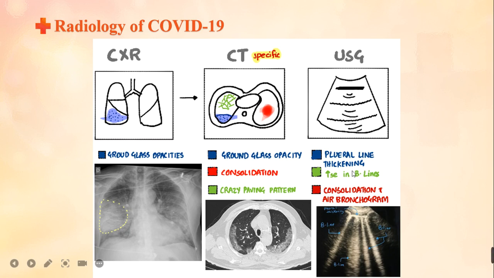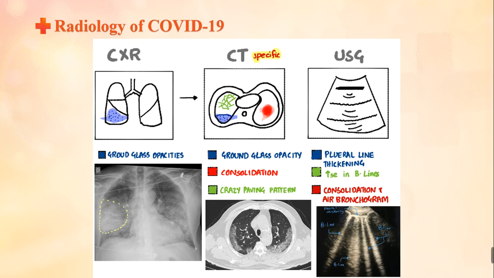And in the ultrasound you can see increased B lines, consolidation and air bronchogram. In a normal ultrasound you cannot see the B lines. There are some special cases regarding the lung where you can see B lines, like alveolar interstitial syndrome.